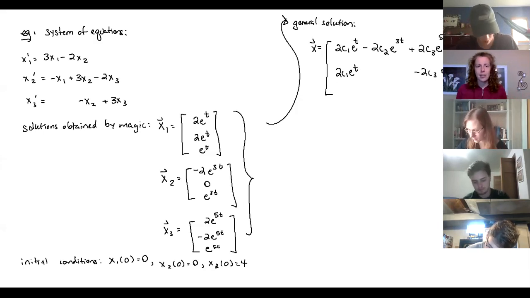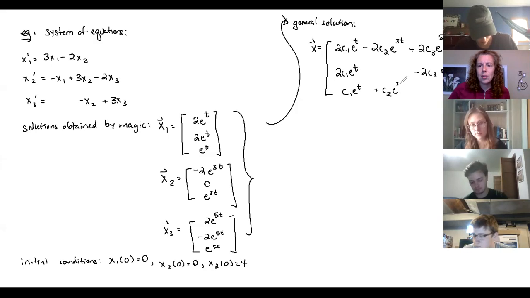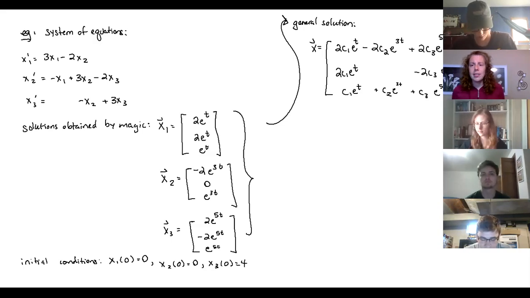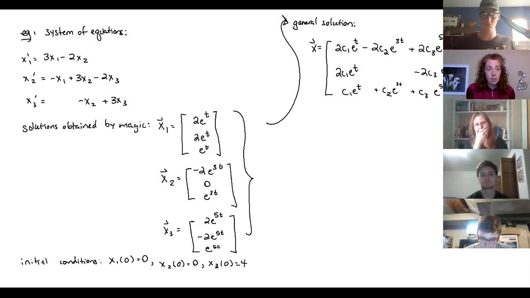Third one, c1 e to the t plus c2 e to the 3t plus c3 e to the 5t. That's my third one. And then for the third time in this problem, this last row is x3 of t. No vector arrow over the top. All good? We did that yesterday. I haven't done anything new yet. This is all from yesterday. We're good? Give me a thumbs up.